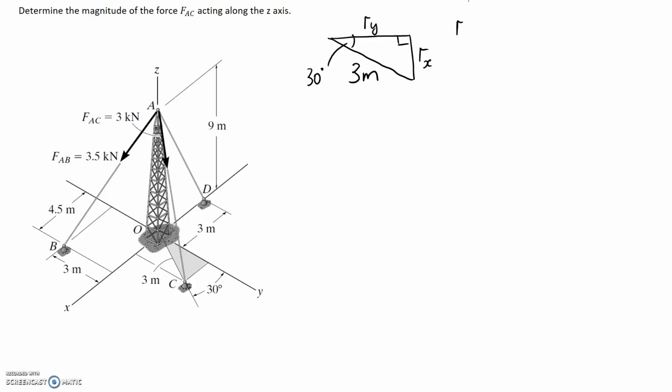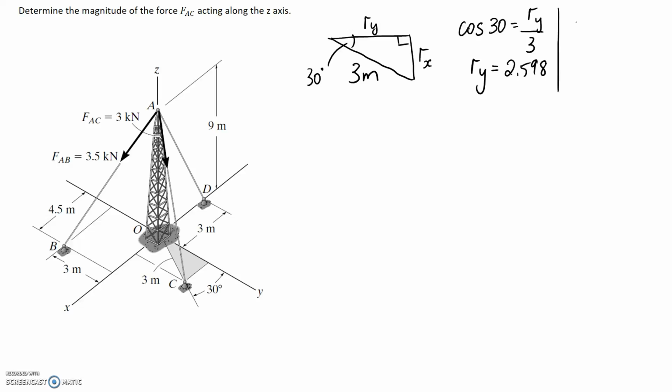So if I start with cos first, cos of 30 has to be equal to the adjacent over the hypotenuse, so ry divided by 3. That's going to give me what ry actually is. So 3 times cos 30 works out to be 2.598.